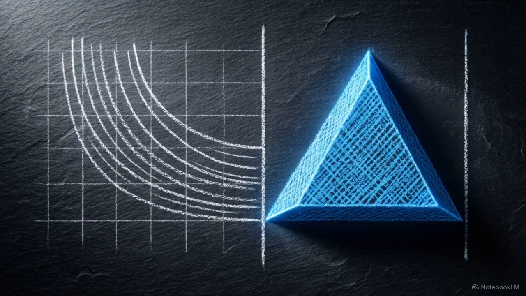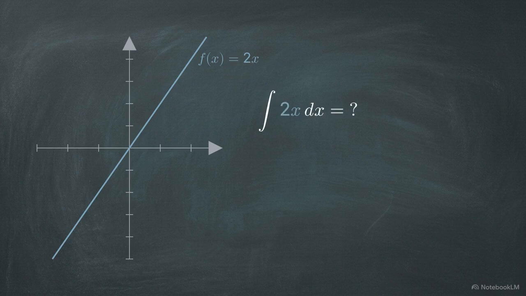Integration operates in two distinct modes. It can represent an abstract family of functions, or it can provide a precise empirical measurement. This chart shows the function f of x equals 2x plotted on a coordinate plane. When we write the indefinite integral of 2x with respect to x, we are looking for a generalized formula for accumulation. Reversing the rule of differentiation tells us the base answer is x squared plus c.